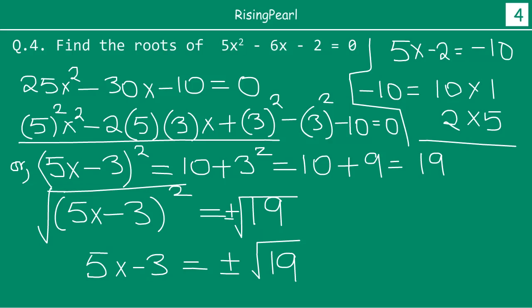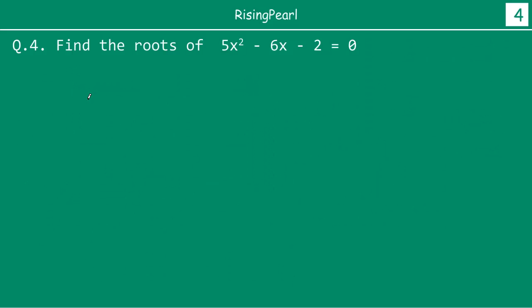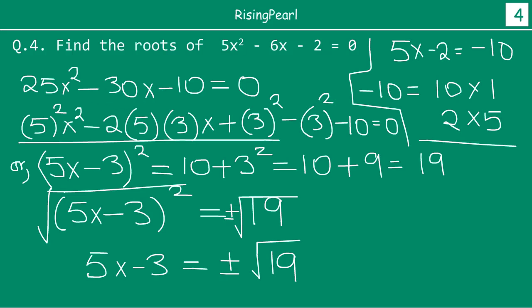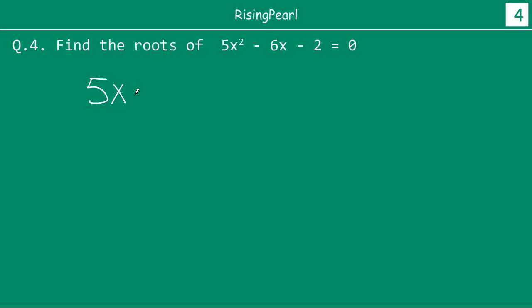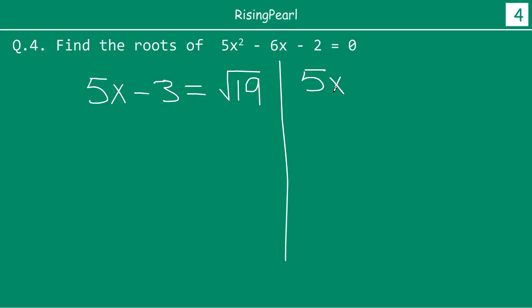Let's clean this up here, give us more space. So we will have 5x minus 3 equal to plus square root 19, or we will have 5x minus 3 equal to minus square root 19.